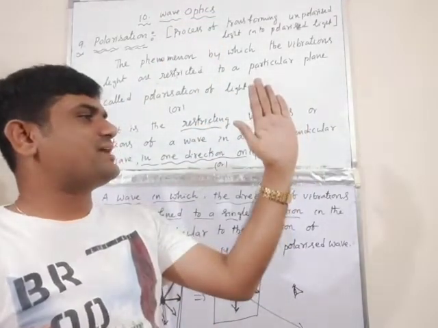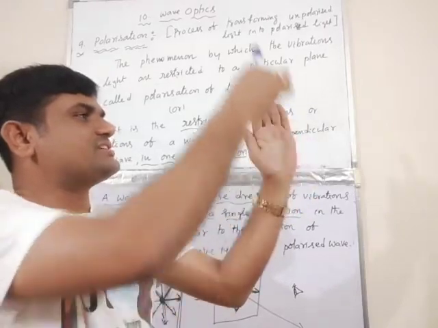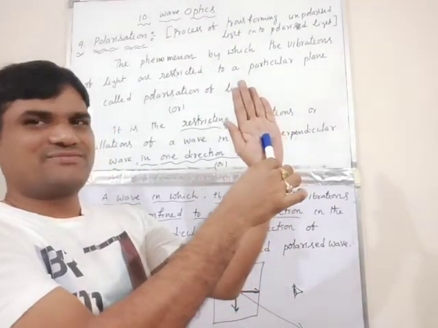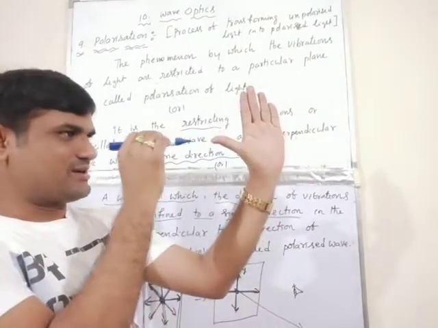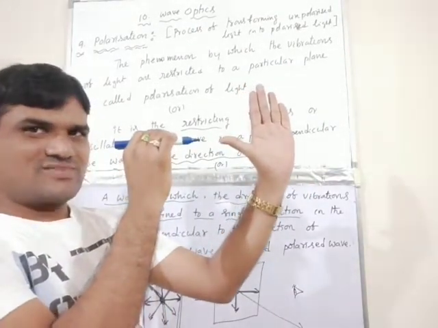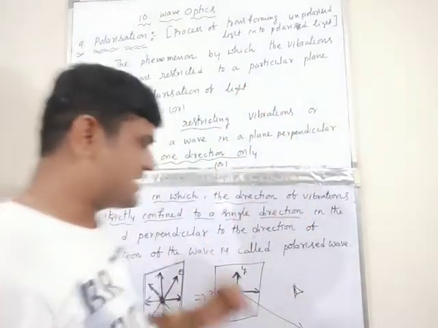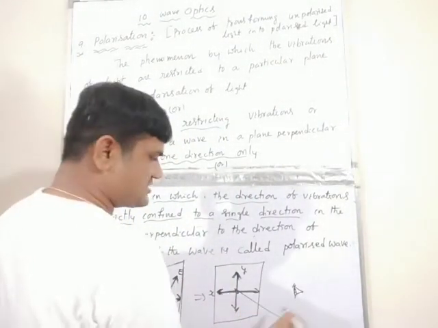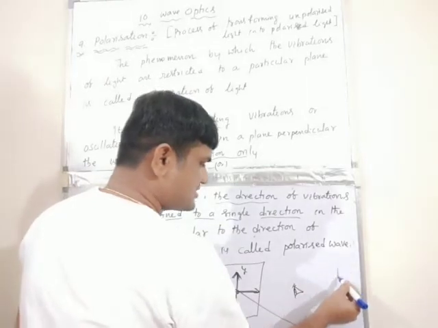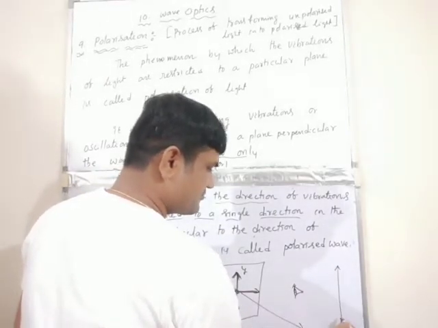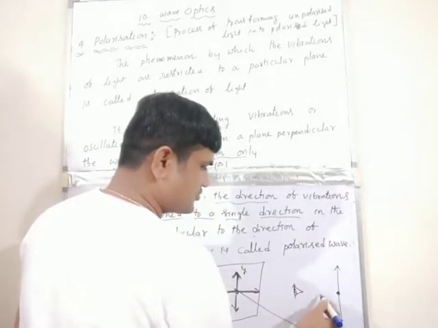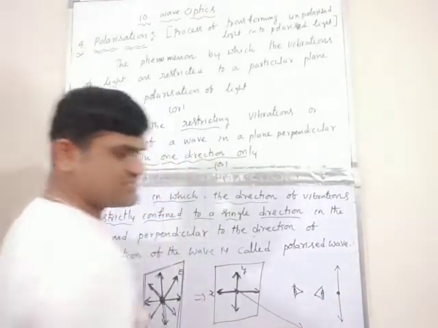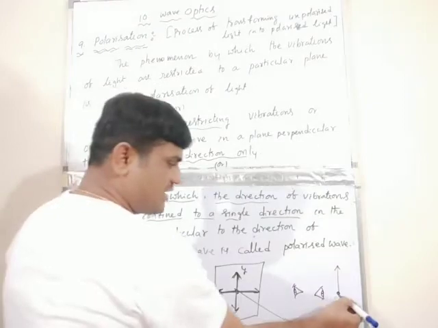But if I look from the side, it can appear only in this manner, because it coincides with it completely. So now in this case, this is the front view, and this is the side view. This is the y axis. Now it will come in this manner.